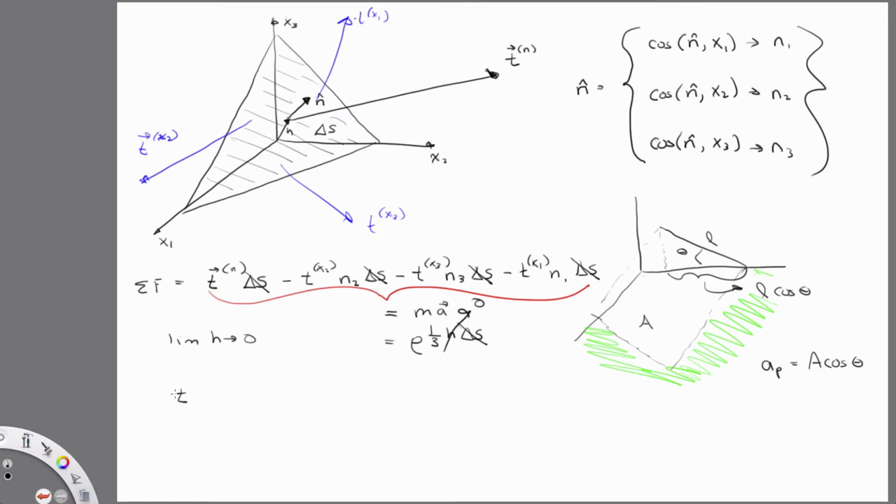And so we have T n is equal to T x1 n1 plus T x2 n2 plus T x3 n3.